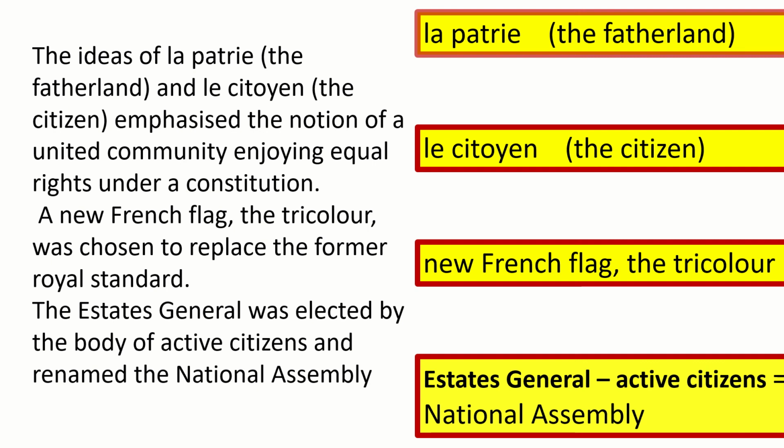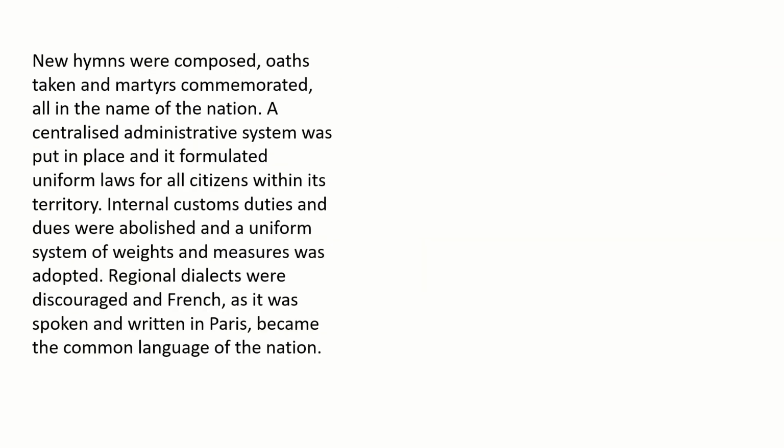The Estates General was elected by the active citizens only, and after their election, it was named the National Assembly. It means they completely dethroned the monarchy and brought a National Assembly in place of the monarchic kingdom. New hymns were composed and oaths taken, the martyrs commemorated, all in the name of the nation.